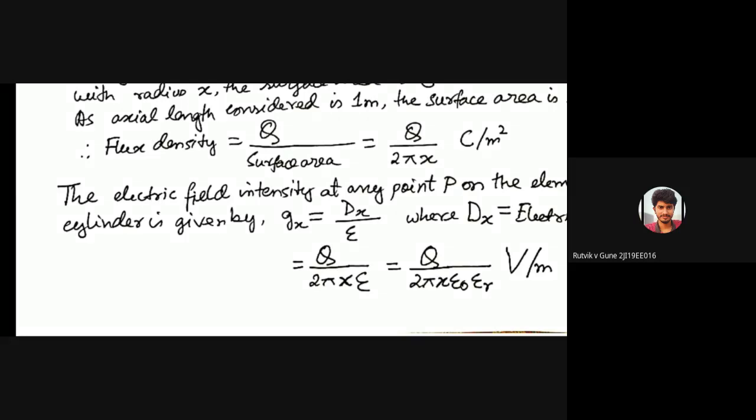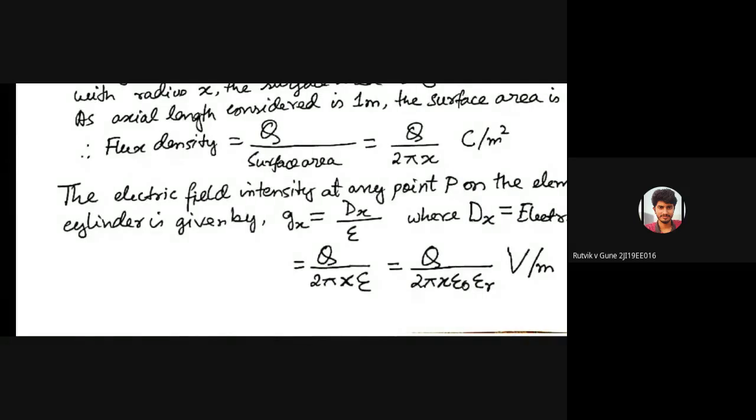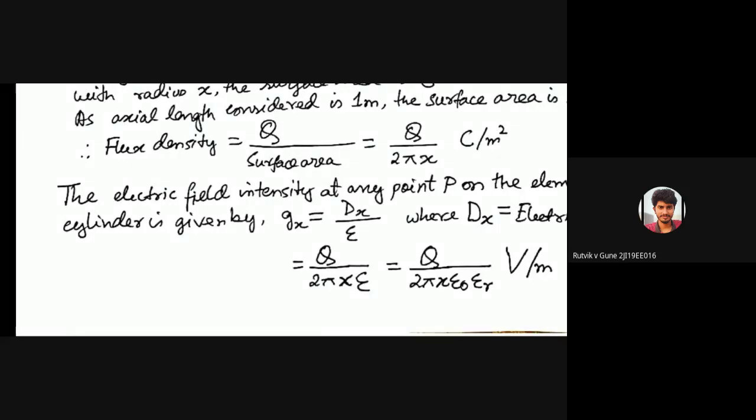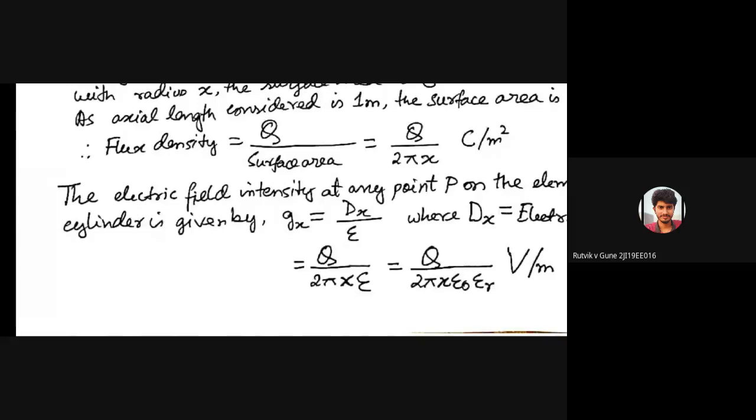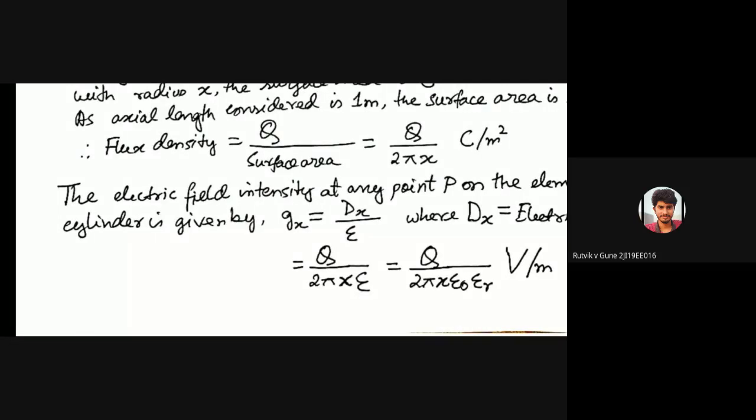We just found out the electric flux density, that is Q divided by 2 pi x. So putting the value of Dx, that is Q divided by 2 pi x, we now divide by epsilon. So Dx's value is Q by 2 pi x divided by epsilon, where epsilon equals epsilon naught into epsilon r.